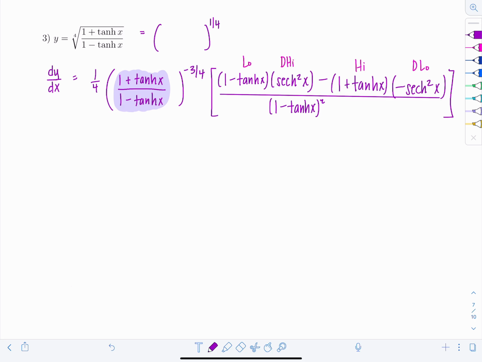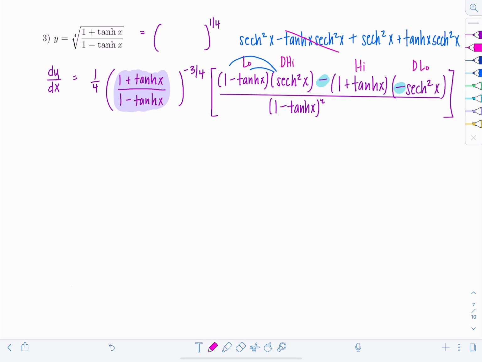Okay, let's see here. In the numerator, if I were to distribute, right? This would be sech squared of x minus tanh x sech squared x plus, oh, see that? Because these two negatives, plus sech squared x plus tanh x sech squared x. So I did that to save us some time because notice, this term cancels out.